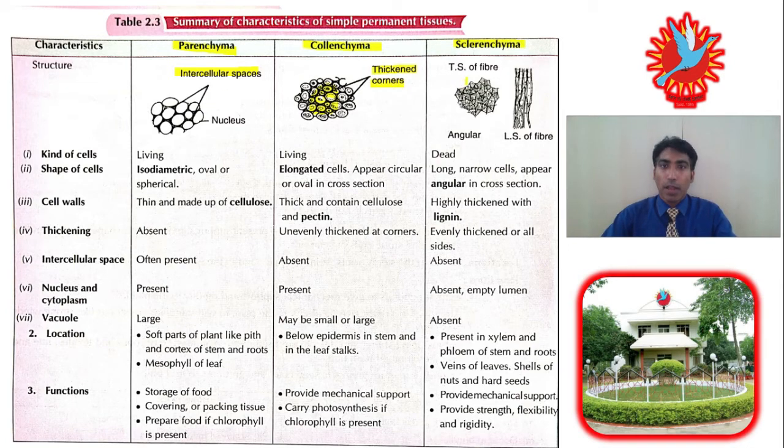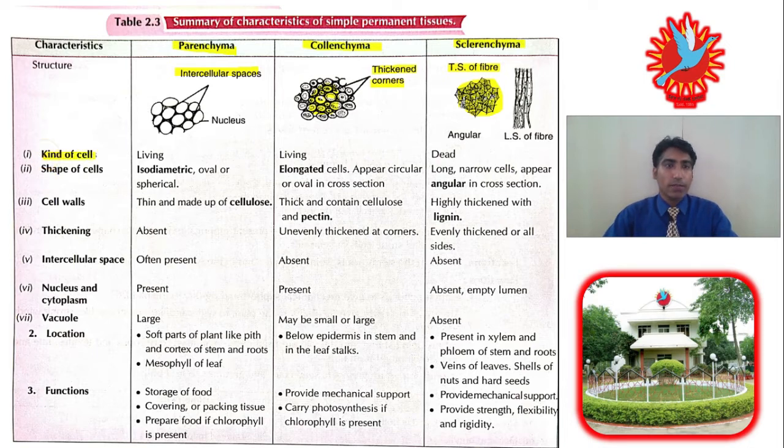In the sclerenchymatous cells, all the cells are dead due to the deposition of lignin, which is a waterproofing material. So this is a comparative study among these three types of simple permanent tissue.